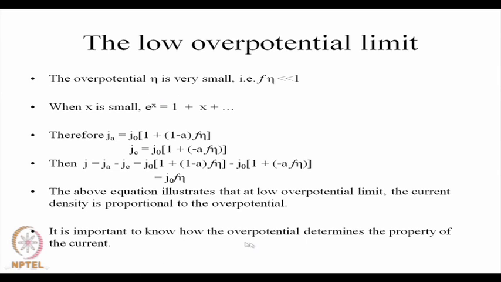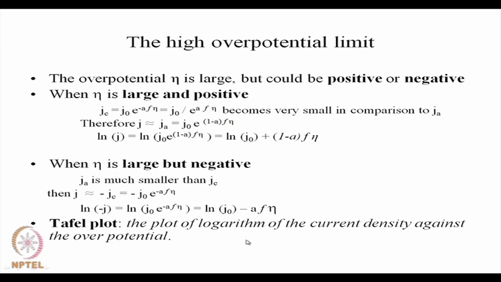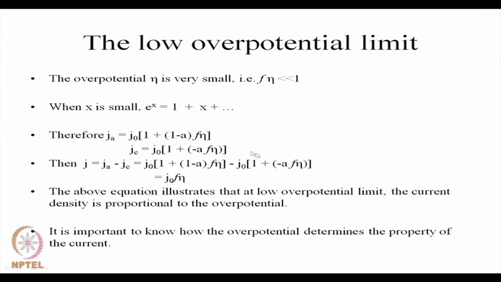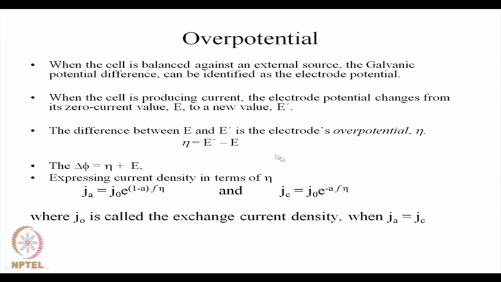It is also important to know how overpotential determines the property of the current. Next is the higher overpotential limit. Previously we talked about the lower overpotential limit, and overpotential is nothing but the difference in electrode potential from the zero current value to some new value when there is some current flowing.